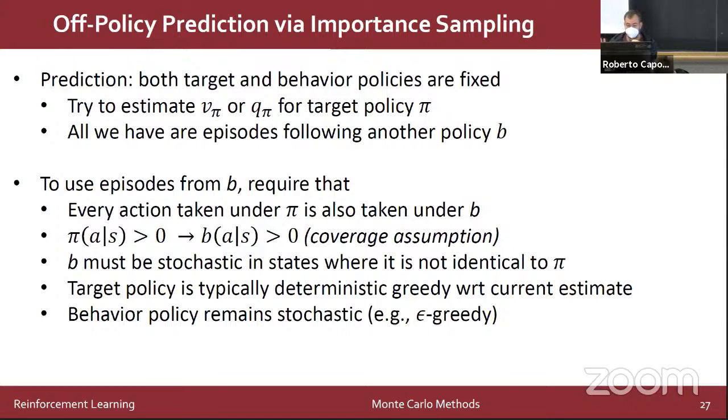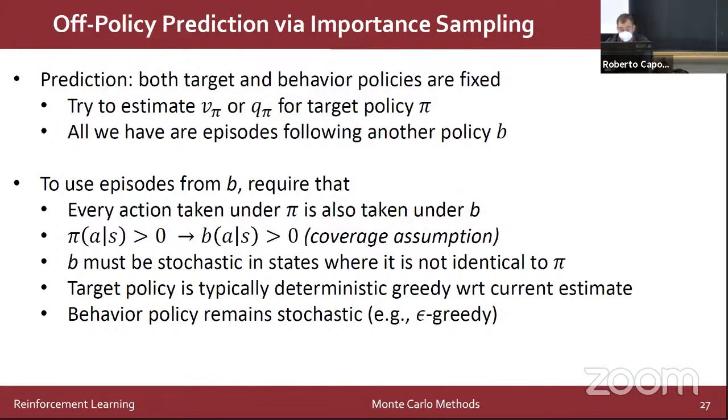Specifically, the most important one is that every action that is taken under the policy pi, so every action that has a probability in pi of being selected greater than 0, has to have a probability greater than 0 also for the behavior policy. What does it mean practically? It means that if an action is going to be selected by pi, we also want it to be selected with some probability by the behavior policy. This is called the coverage assumption.